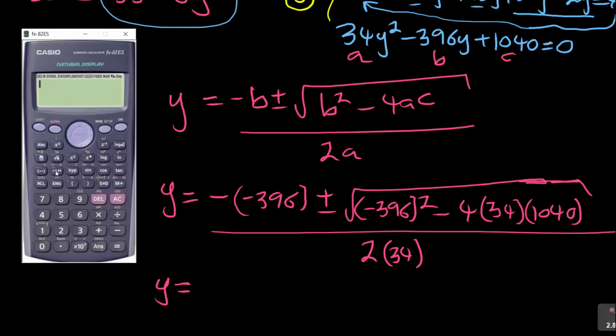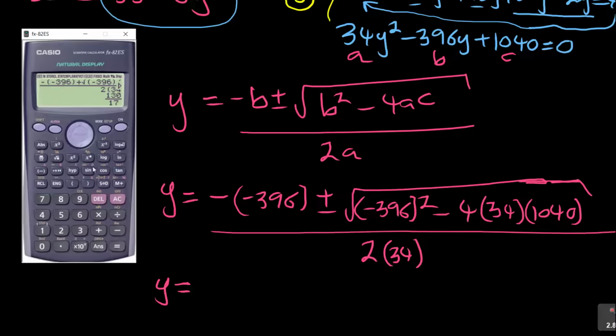So what do I have? It's a fraction: minus bracket negative 396 plus square root of negative 396 squared, and then minus 4, and then 34 for a, c is 1040. All over 2, bracket a is 34.